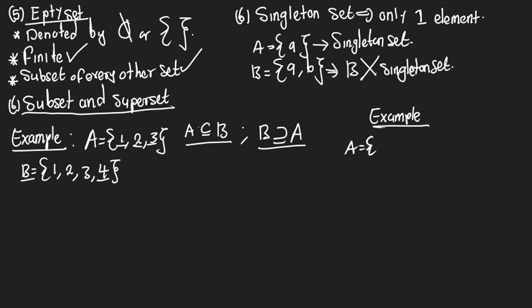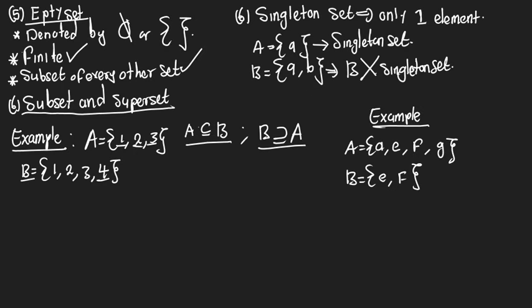Let's say set A contains the elements A, E, F, G. B contains the set E, F. Which one is a subset of the other and which one is the superset of the other?